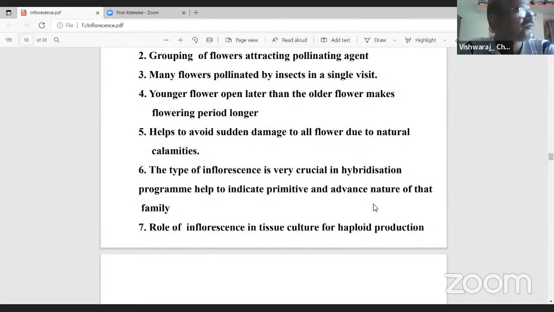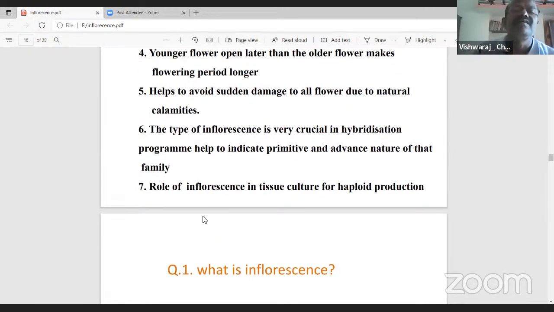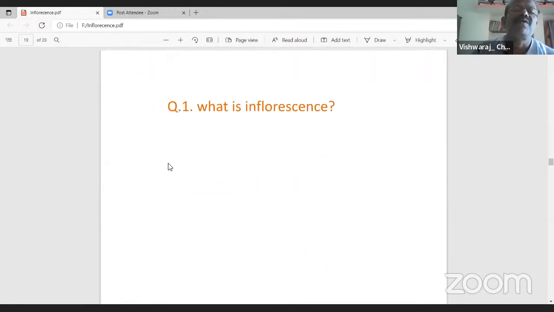First hybridization comes, and due to this hybridization, new varieties come into our field. Then tissue culture: nowadays plantation is done through tissue culture. Tissue culture means one part of a leaf or stem produces a number of plants. This is a role of inflorescence.